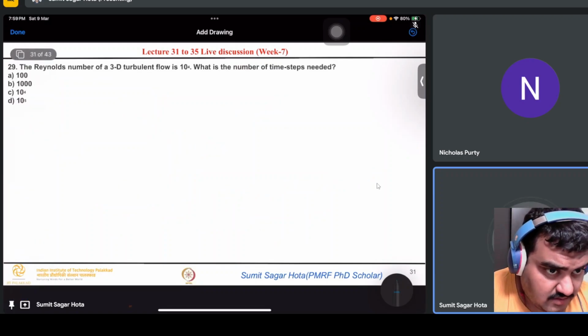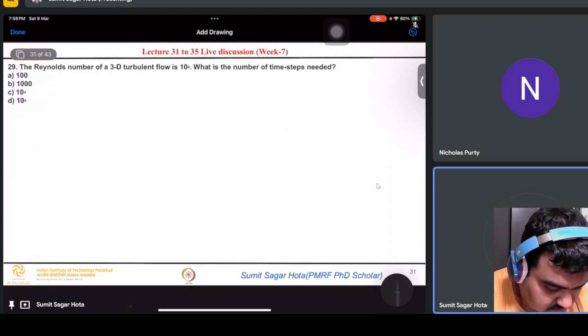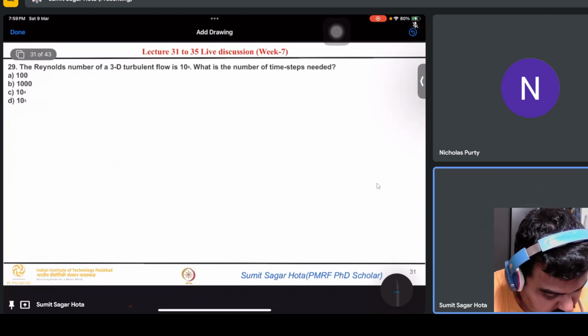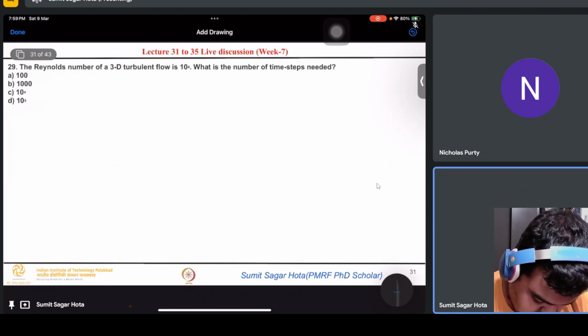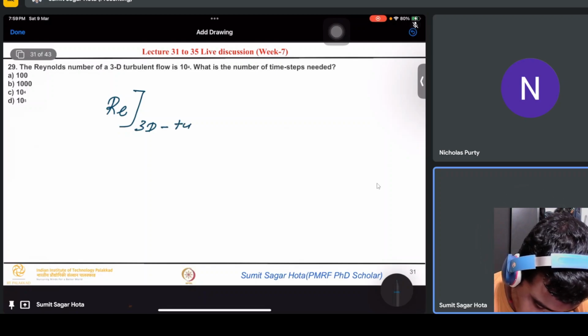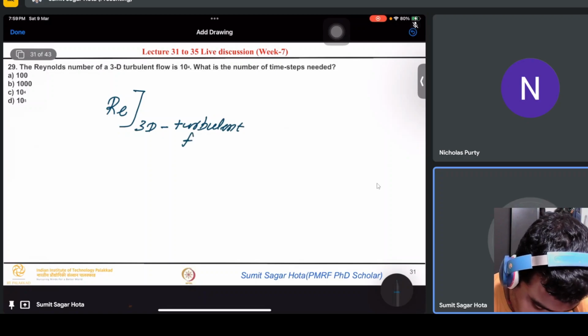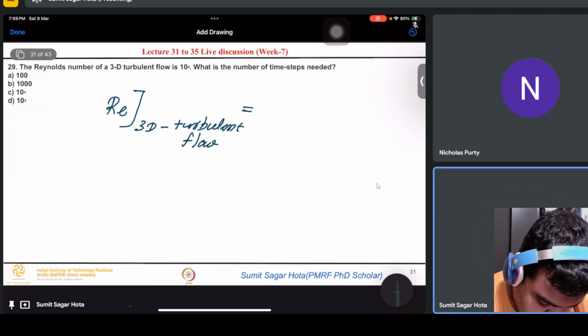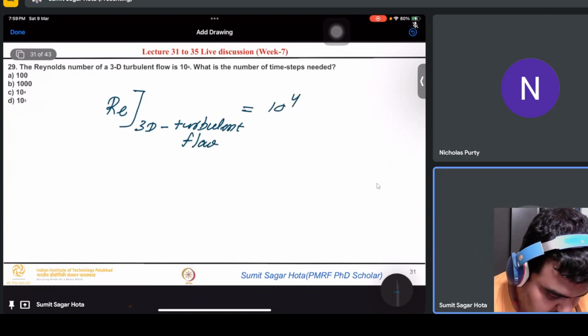The Reynolds number of a 3D turbulent flow is 10 to the power 4. What is the number of time steps needed? So Reynolds number for the turbulent flow is 10 to the power 4.